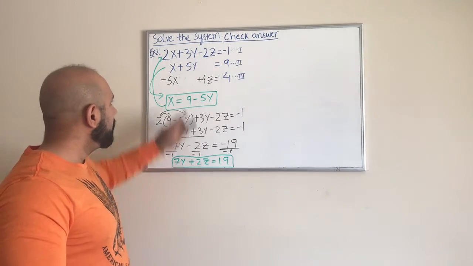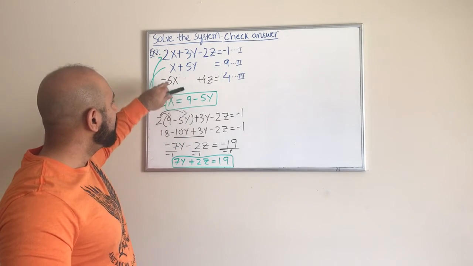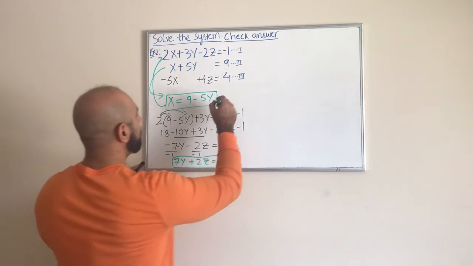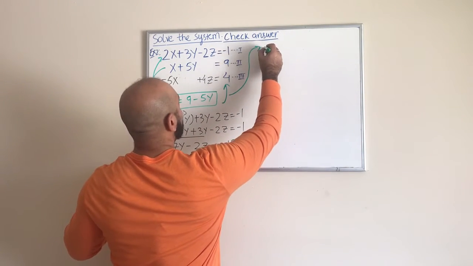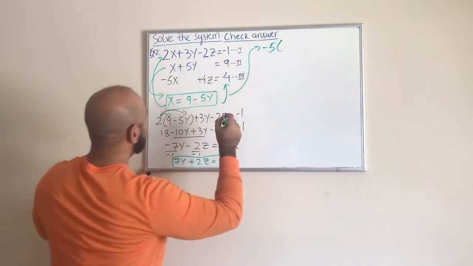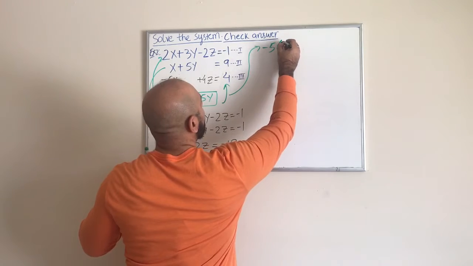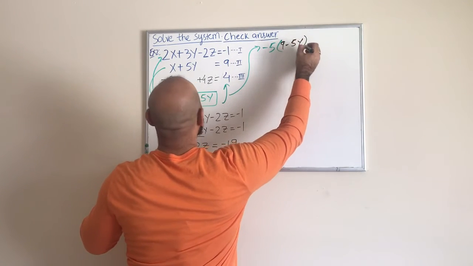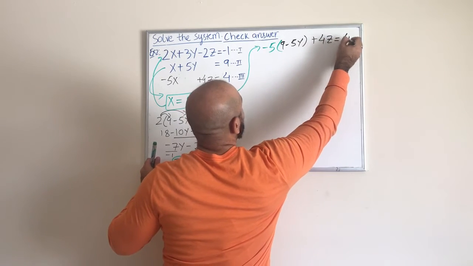So the first equation transforms into this equation. Now let us substitute this x in the third one and see what we get. When we substitute this back in the third one, I have negative 5 times (9 minus 5y), and I still have to add plus 4z equals positive 4.